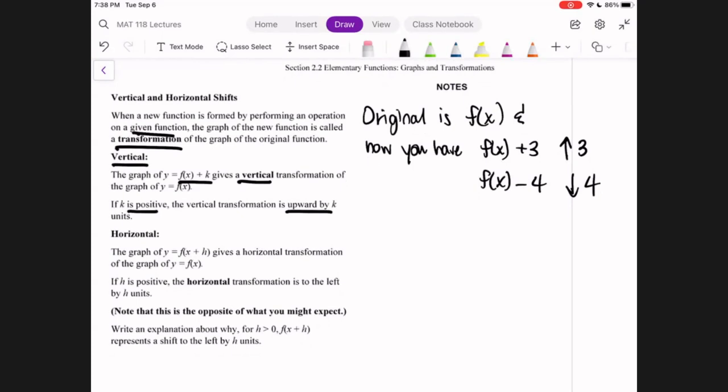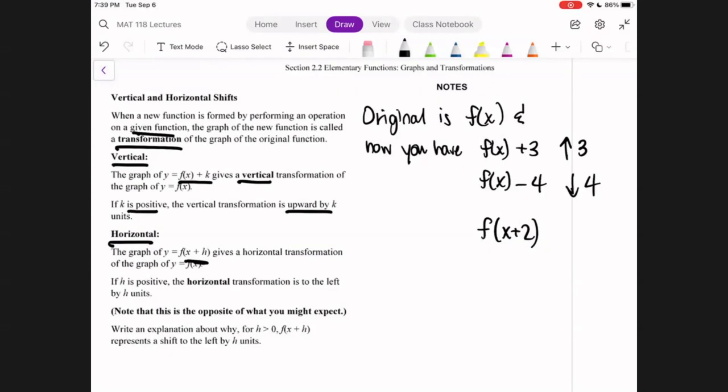Okay. Now the next part talks about horizontal shifting. You'll see if I add it to the inside. So let's say if I have plus 2 on the inside. So the inside thing is opposite. Okay, always think inside is opposite. Outside is the same.